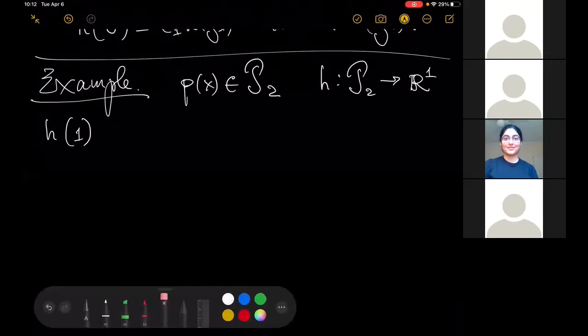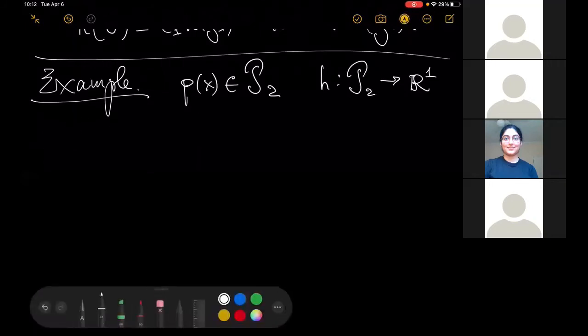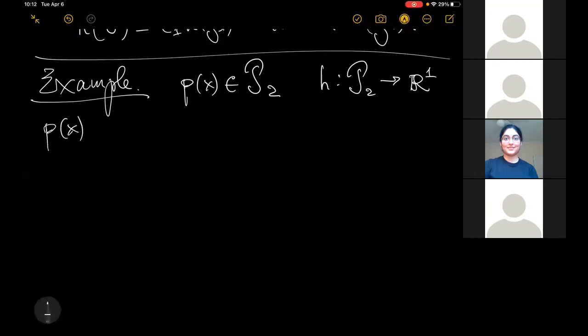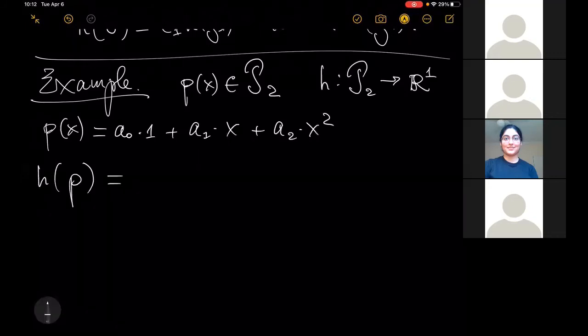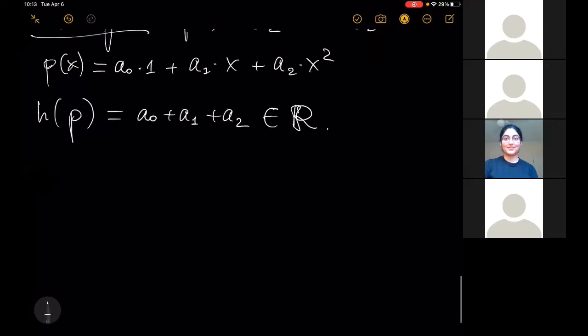Let us do the following. If P of X is this, then the homomorphism applied to P is nothing else but the following: let's say A0 plus A1 plus A2. So this is already just a number, a real number, right?